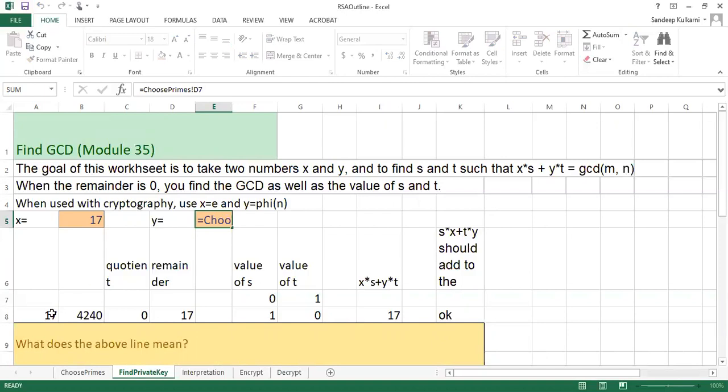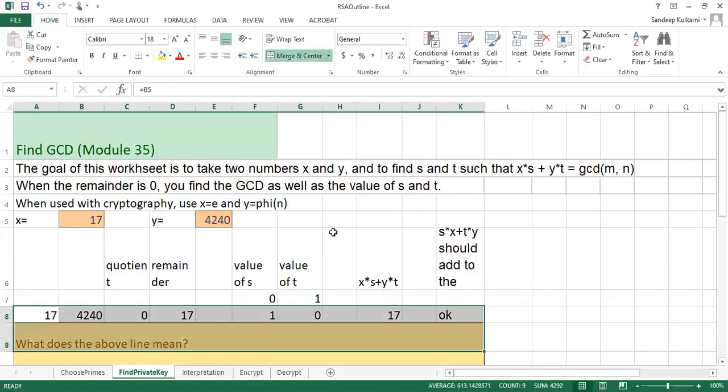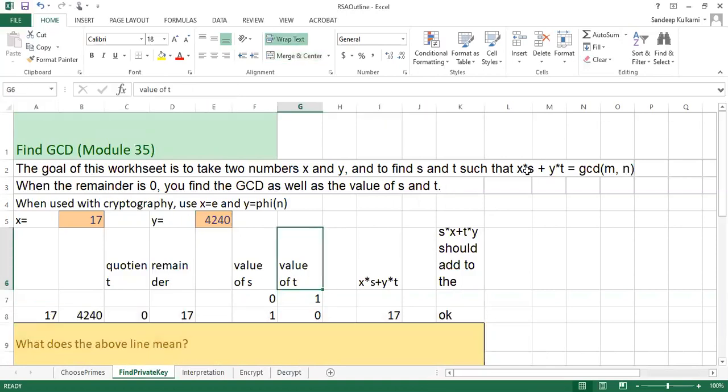Now what we want to find is the value of s and t such that s times x plus y times t is equal to the GCD of the 2 numbers we have chosen. The 2 numbers are 17 and 4240. We are going to find the GCD, and in the process, we're going to find the Bezout coefficients, one of which will play the role of the private key.